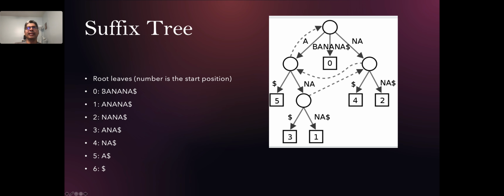So we can have an A, and from A we can either end at A, so this A ends with 5, or we can go after an A to NA in this case, and also in this case. Or we can start with a B from the root level.